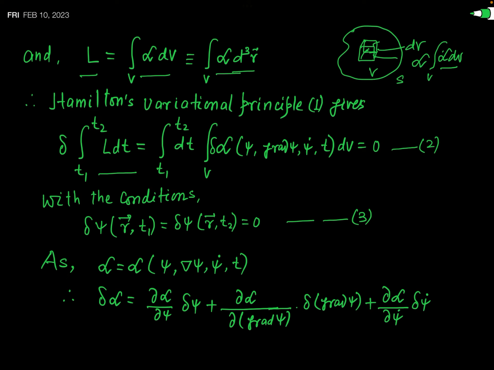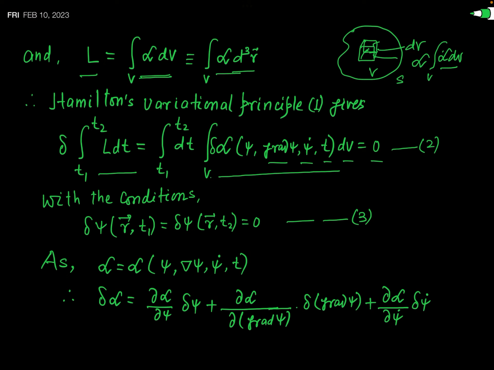As L is equal to the integral over V of curly L dV, where curly L is the Lagrangian density, this expression can be written as the integral of dt from t1 to t2 and the integral over V of delta curly L of psi, grad psi, psi dot, t dV equal to 0. I think we have understood this expression.